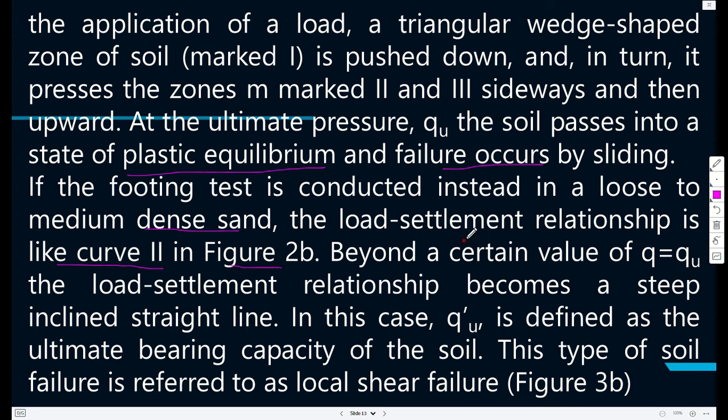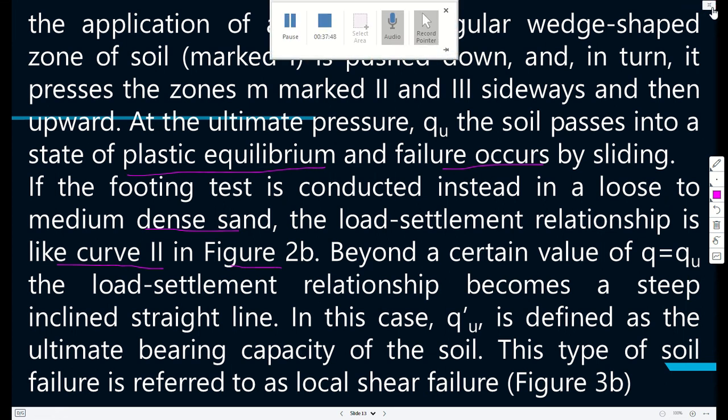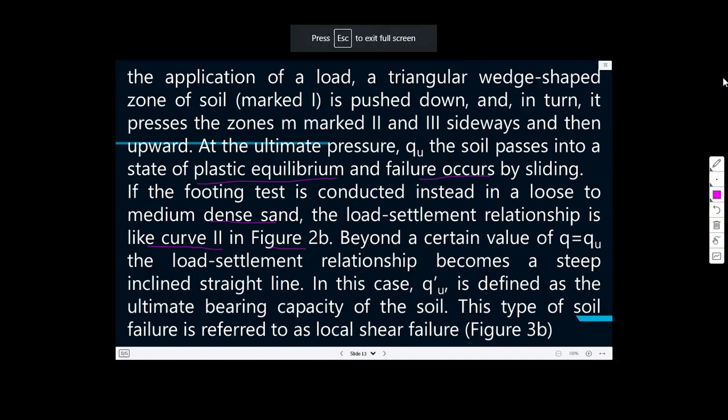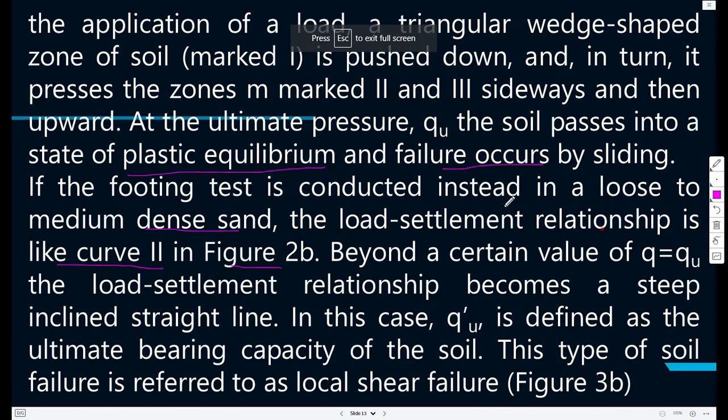So then, if the footing test is conducted instead in loose to medium dense sand, the load settlement relationship is like curve 2 in figure 2b. So this is already shown here.